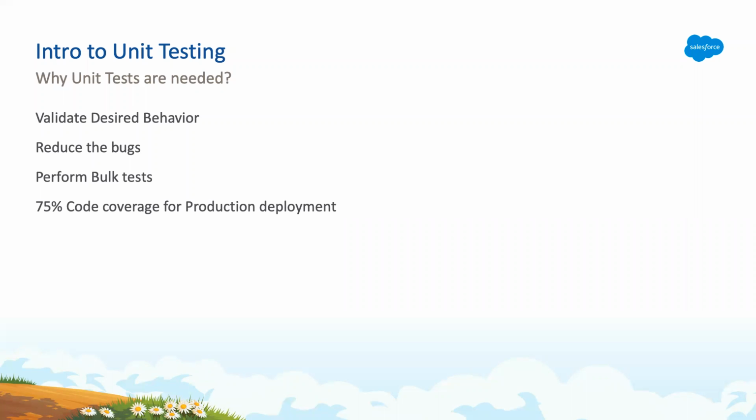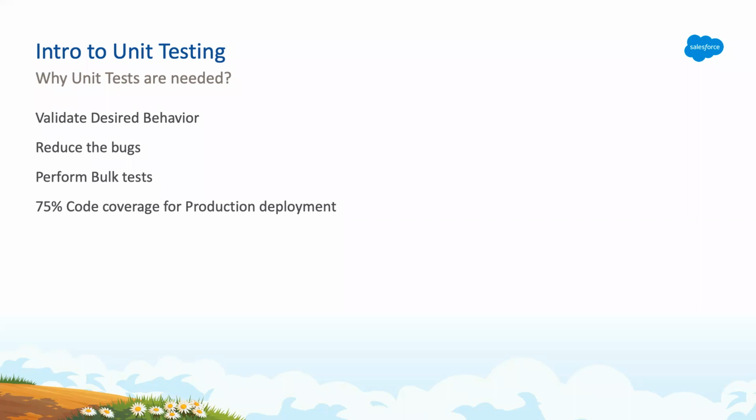as well as, you guys know that we are in a multi-tenant architecture. Due to that, there are some governor limits. So if we do bulk testing, we can identify whether we are hitting any limits.